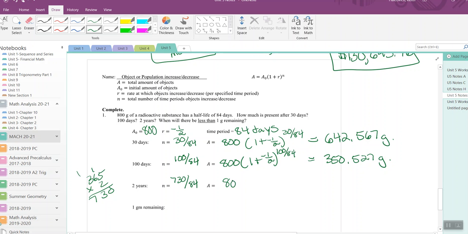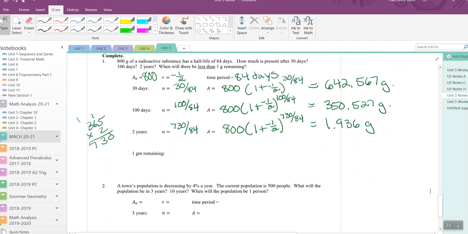So you go 800 times 1 plus negative 1/2 to the 730 over 84 days, and that would give you 1.936 grams.